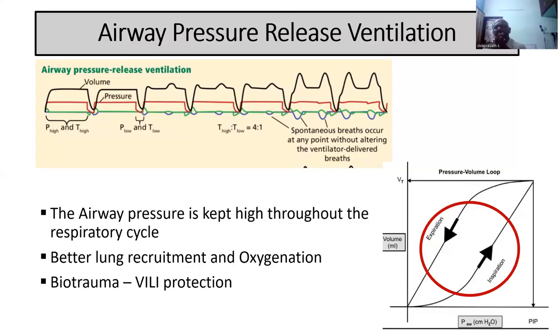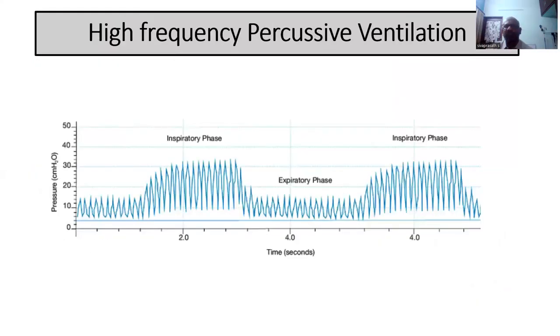The alveolar duct junction will develop cracks when the alveoli keep getting fully deflated and fully inflated. So if you use APRV, it will be in a semi-open state and will protect against biotrauma or VILI. That is the advantage of using APRV.